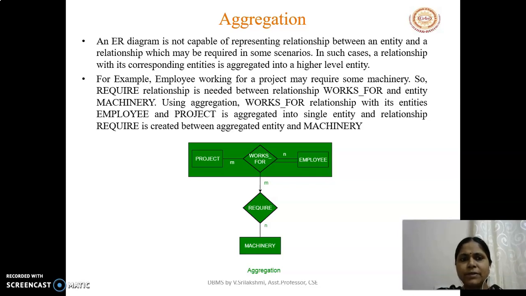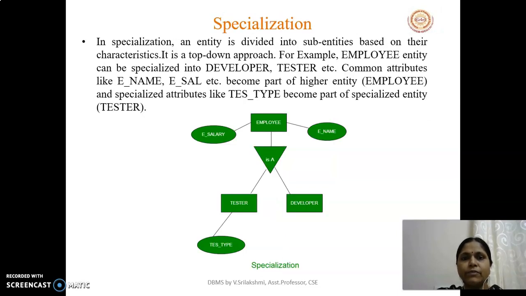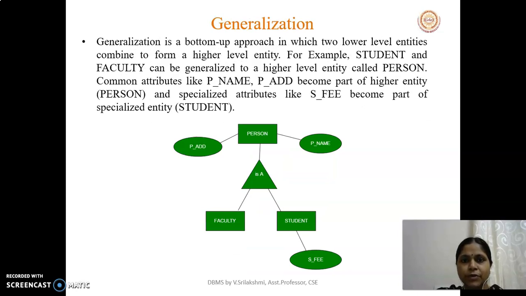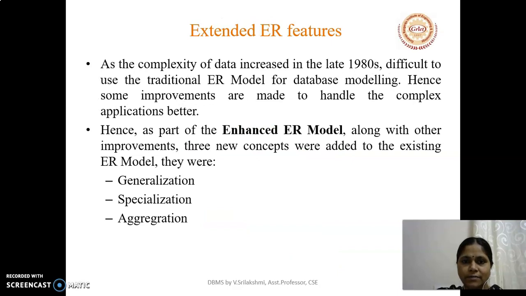So simple relationships can be easily modeled in the case of ER modeling. But when we go for such complex relationships, we cannot model them using the ER model. That is the reason we are going for these three methods called generalization, specialization, and aggregation.